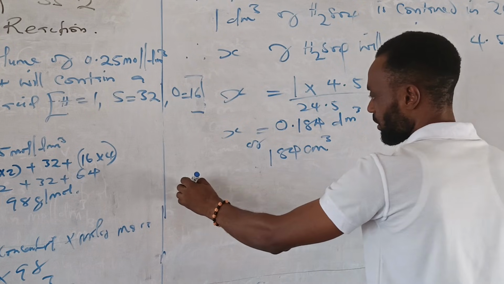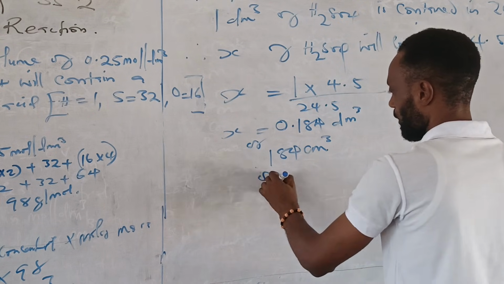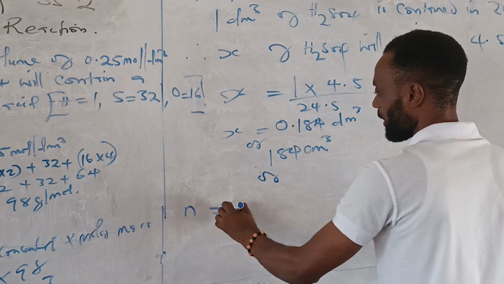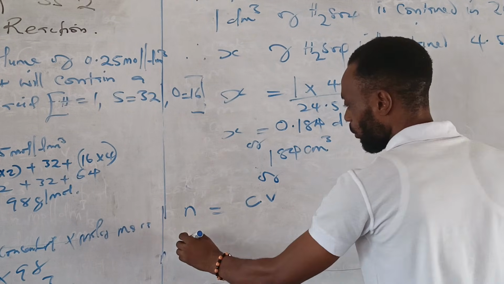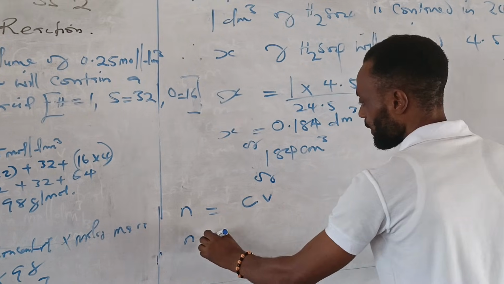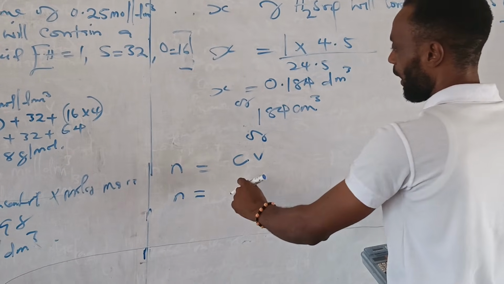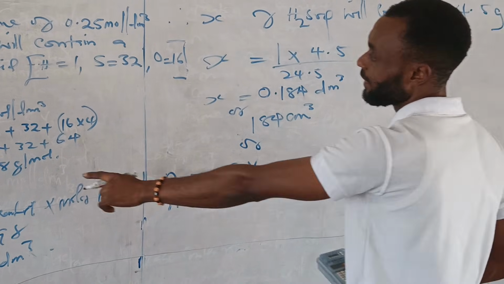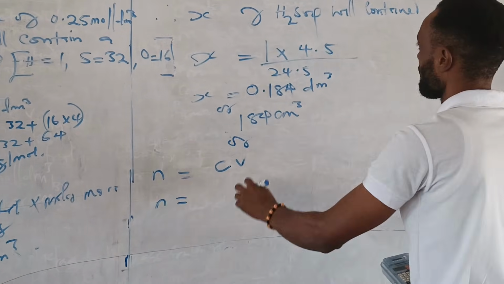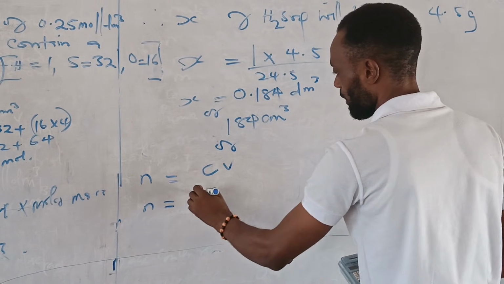Also, you can use the formula that says N equals CV. From the question, we have C as 0.25.